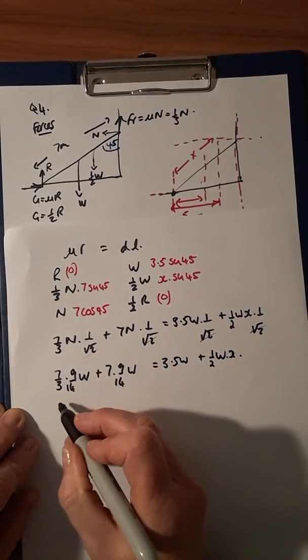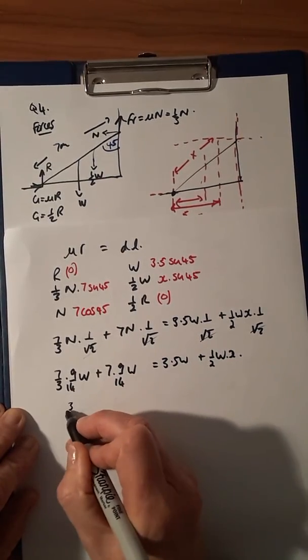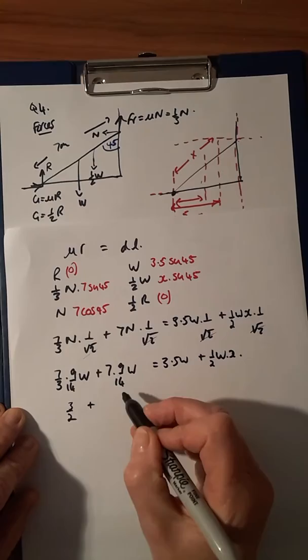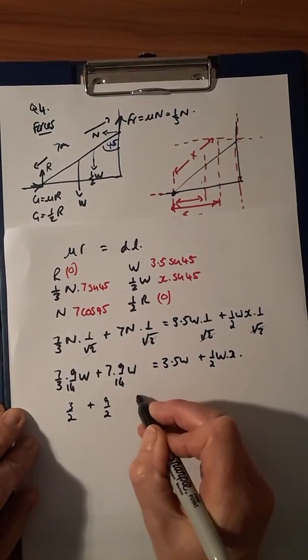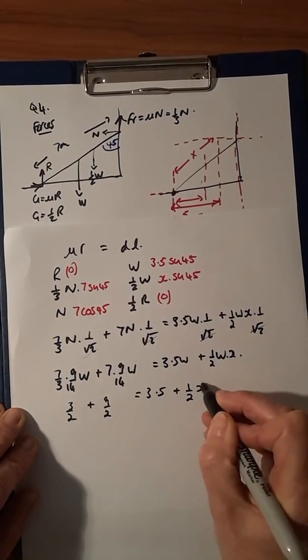I'll cancel this one down. That'll go in 3 times, 3/2 plus, this will become 9/2 equals 3.5 plus a half X.